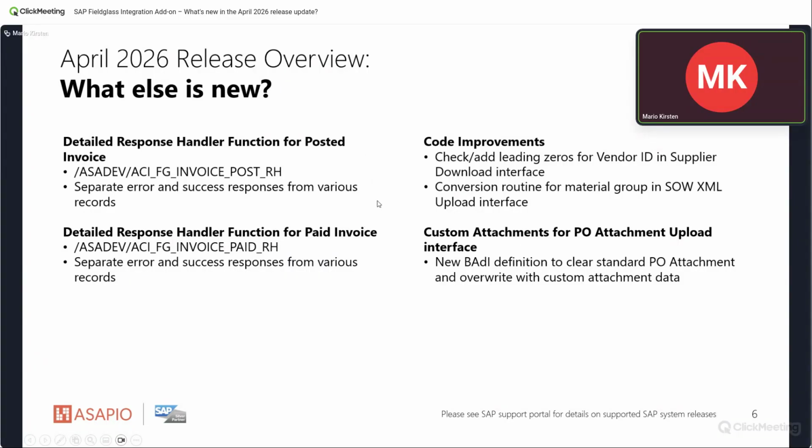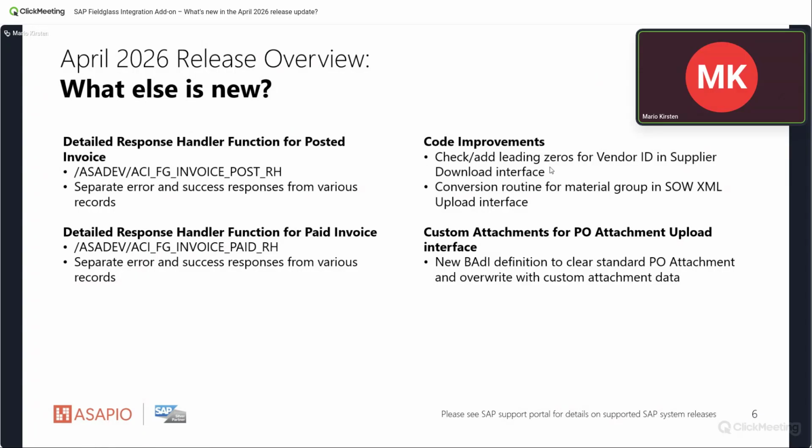We have some code improvements, as for every release, that I want to mention here. So in the download interface where we are loading supplier master from Fieldglass into the backend system, into ECC or S/4HANA, to update the vendor master in that system, we have some code improvements in terms of leading zeros on the vendor ID, because there is not a clear rule to follow in Fieldglass for the backend vendor ID if they are maintained with or without leading zeros.